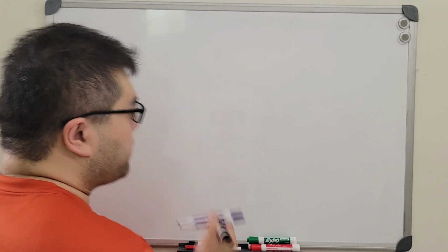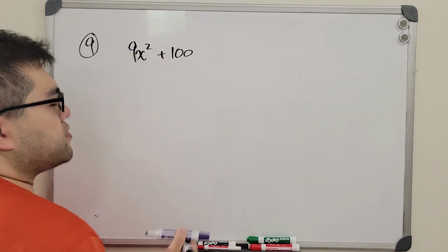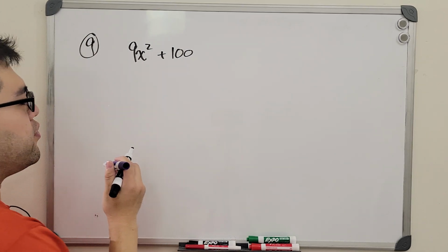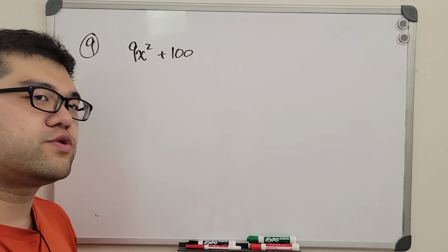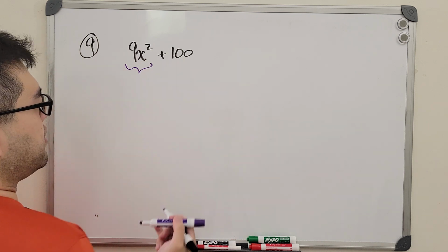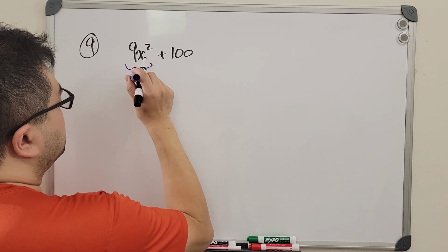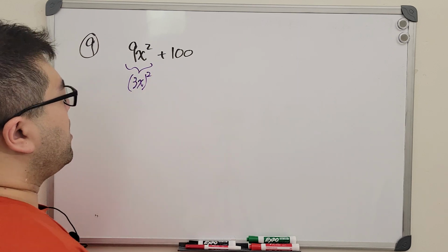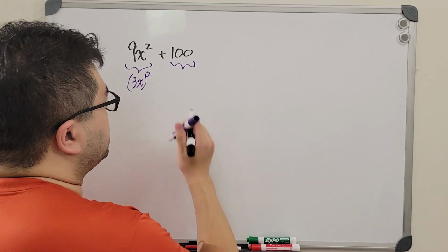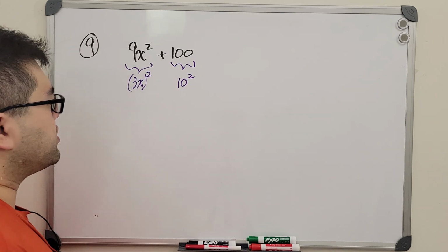We have 9x squared plus 100. So in this case, what do we do? Well, let's take a look. If we want to find our a squared and b squared respectively, the first one is a squared, which will give us (3x) quantity squared, where b would just be the square root of 100, which is 10 here, so that b squared is just 10 squared, which is 100.